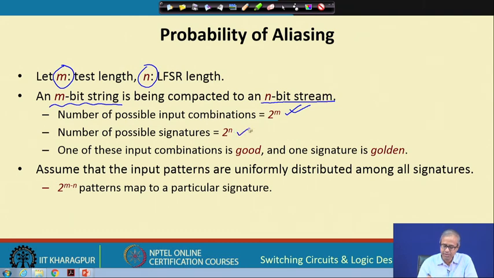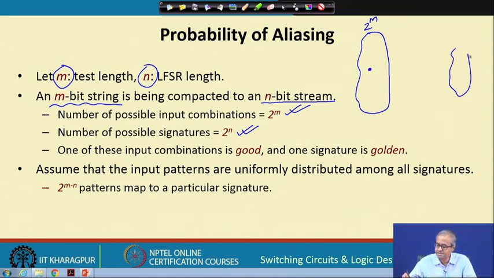So, there can be 2 to the power n possible signatures, and out of them one signature will be good. Similarly, out of the 2 to the power m input combinations, one of them is good. So, there are 2 to the power m minus 1 faulty input strings and 2 to the power n minus 1 faulty signatures.